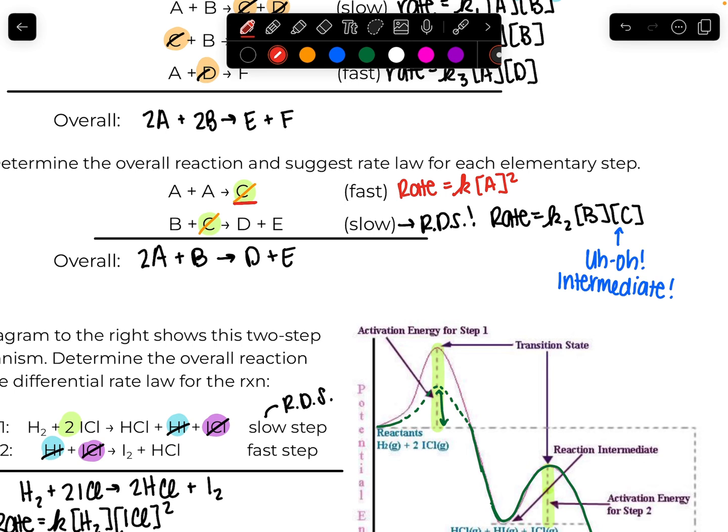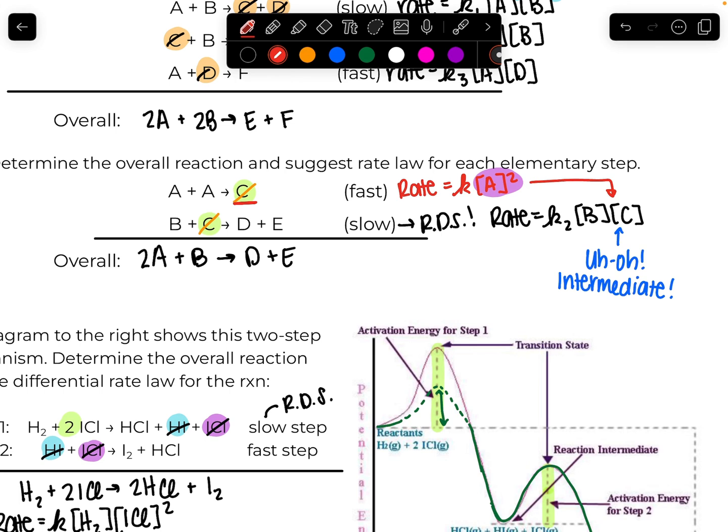So I can rewrite this to be in terms of A because that's how I get C. So here, this A squared, because that rate is producing C, I can actually use this and substitute it into this equation for C.